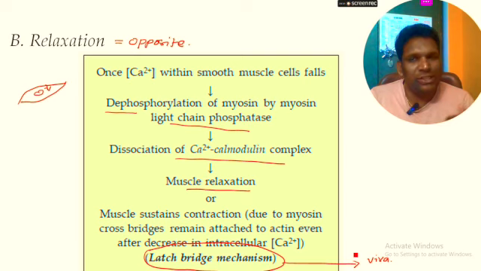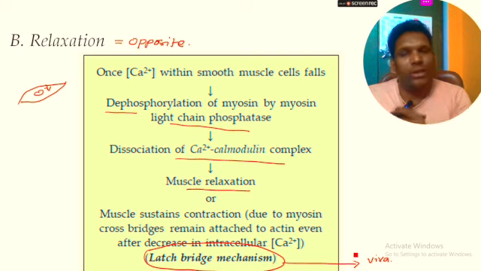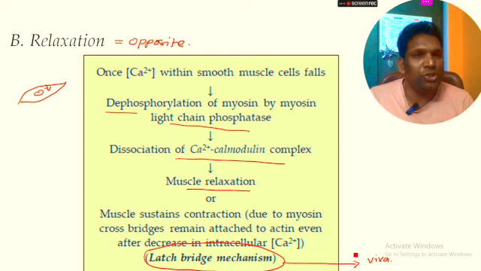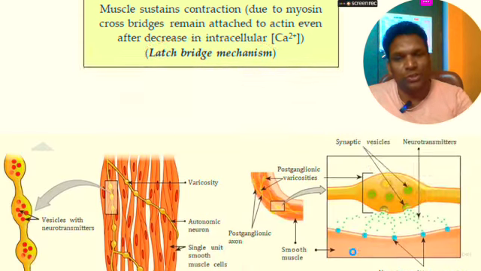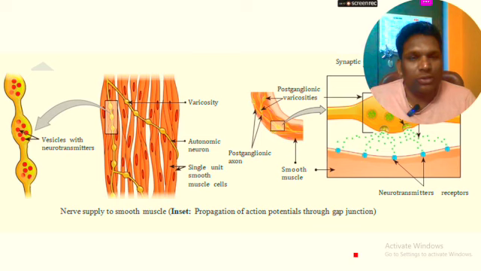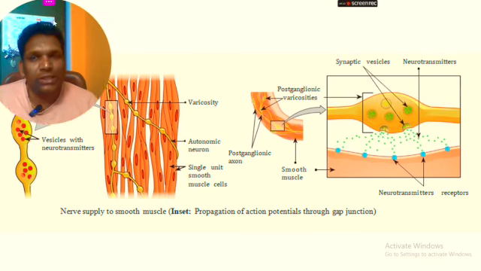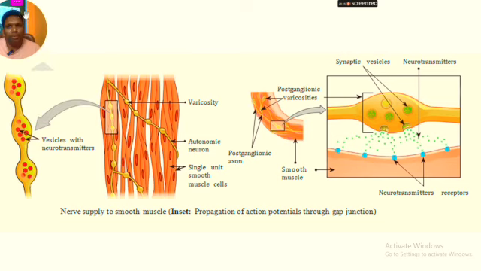Now this picture shows you the nerve supply. In the beginning of the first class, I told you about innervation. In a single unit, a group of fibers are innervated by a single neuron. In multi-unit, all the individual nerve fibers are supplied by individual neurons.